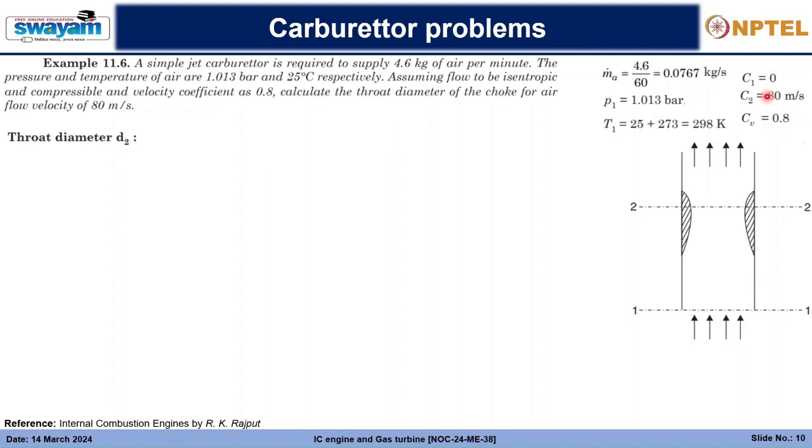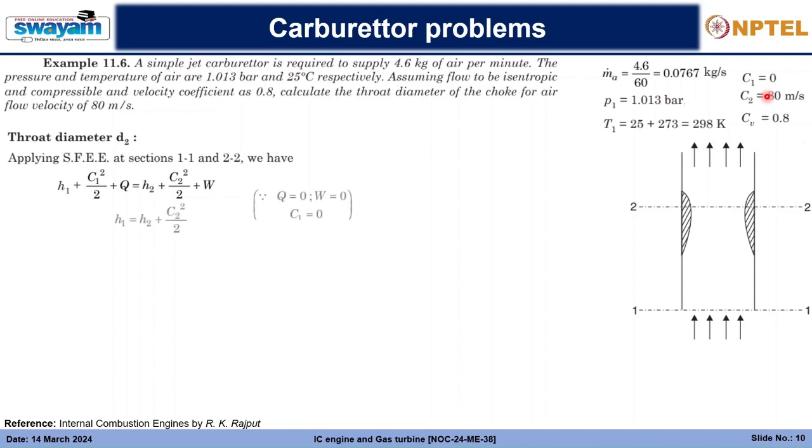To find the throat diameter D2, we apply the steady flow energy equation at sections 1 and 2. H1 plus C1 square by 2 plus Q equals H2 plus C2 square by 2 plus W. We know that Q and W are 0, and C1 is 0.